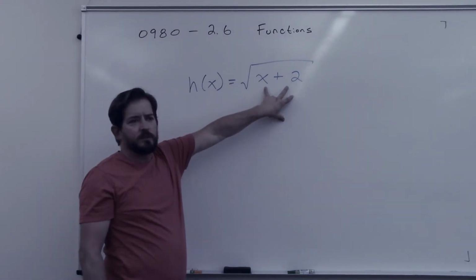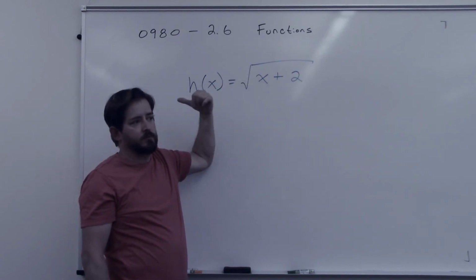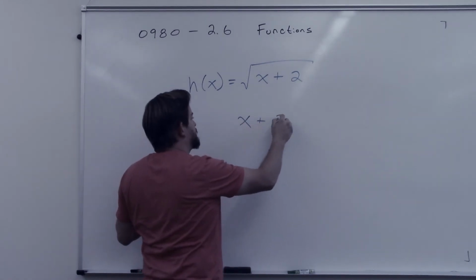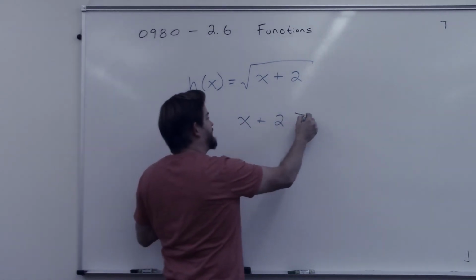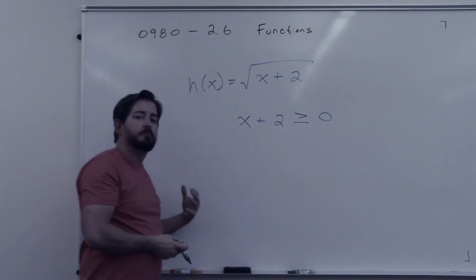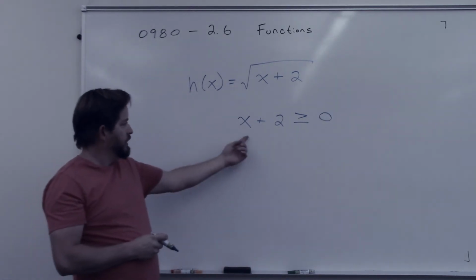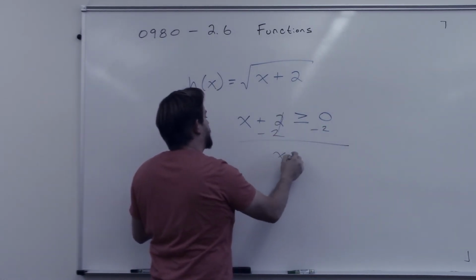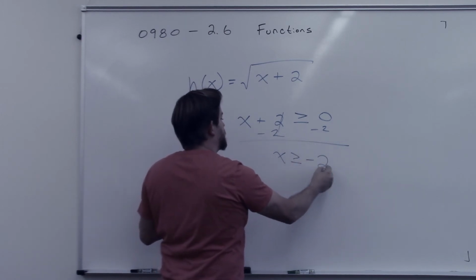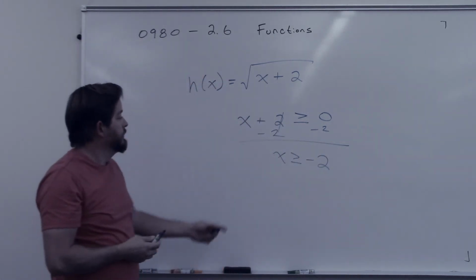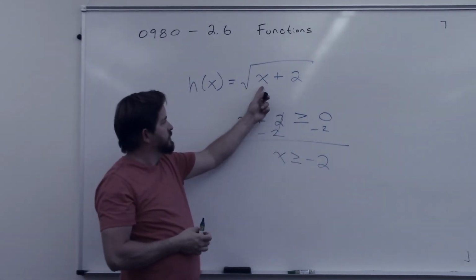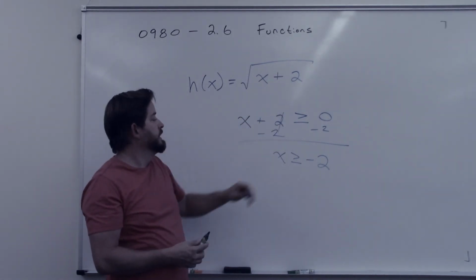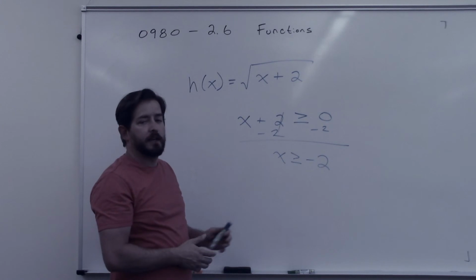This x plus 2 could be at minimum 0, just like the square root of x, but I have an inequality that I have to solve, and that is that x plus 2 is at least 0, but it could be more, right? But I can solve this inequality, subtract 2, and I get x is greater than or equal to negative 2. And any of those numbers will work, right? Including negative 2, because if I plug in negative 2, add 2 to it, it's 0. I can take the square root of 0, I'm fine there. So it's all of those numbers greater than or equal to negative 2.